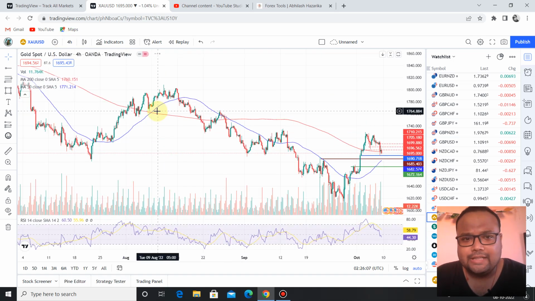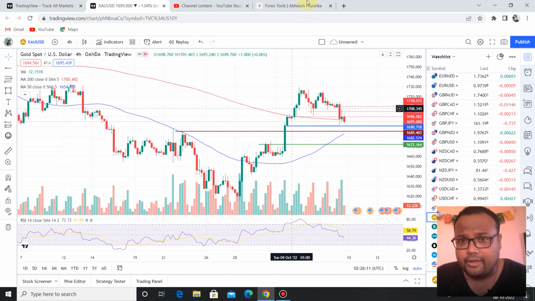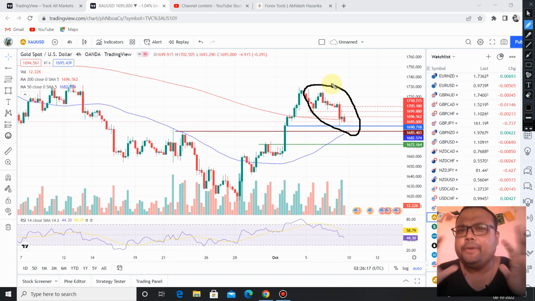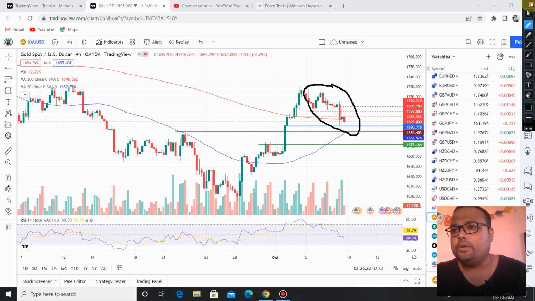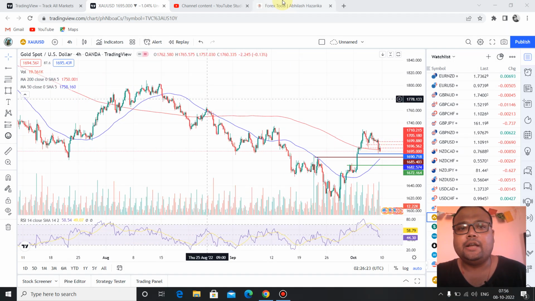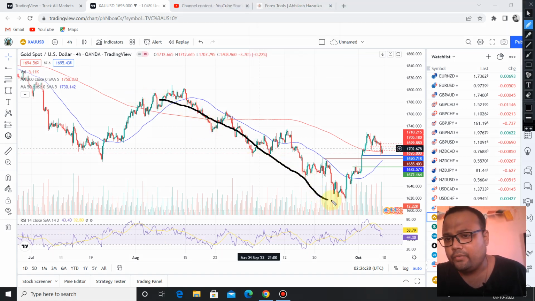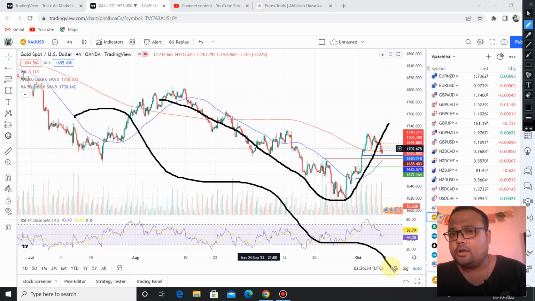In the 4-hour chart, you can see that after this downtrend there has been a temporary recovery in the market, but again we are seeing a series of red candles here, and to be honest, right now we do not have any confirmation regarding the trend reversal. We still don't know whether we have a reversal or not. We still don't know whether the downtrend will continue or not.